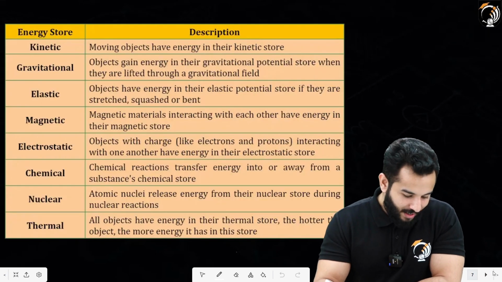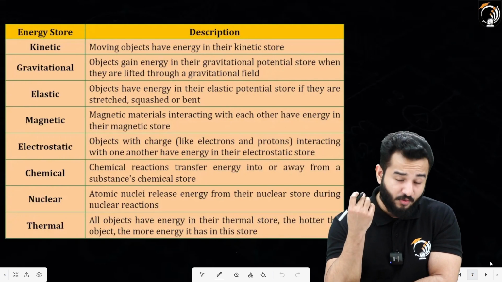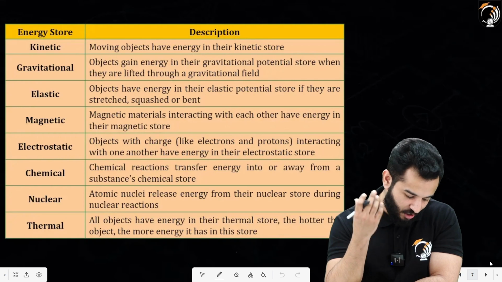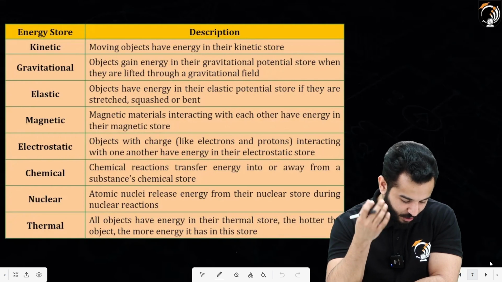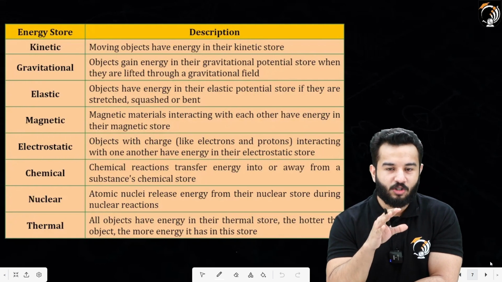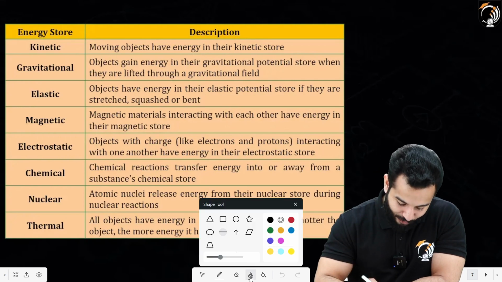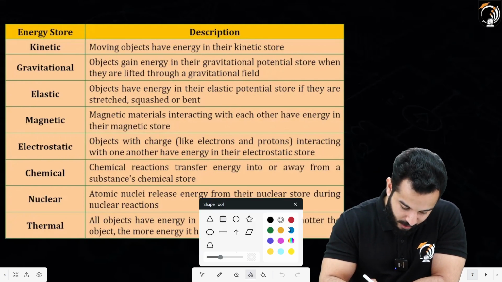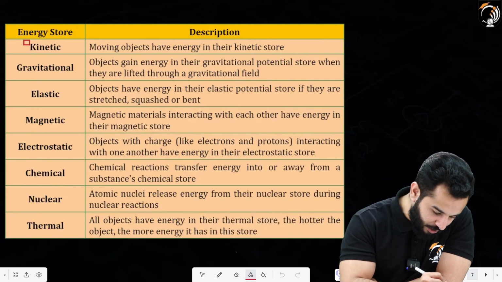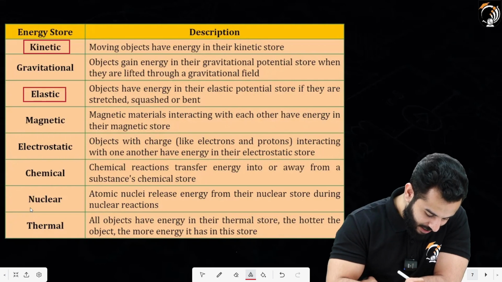Now moving on, see how many types of energy we have got. We have kinetic energy, gravitational energy, elastic energy, magnetic energy, electrostatic energy, chemical energy, nuclear energy, and thermal energy. So these are some of the most important types of energy. Among them, we are going to give more focus to kinetic energy and elastic energy.